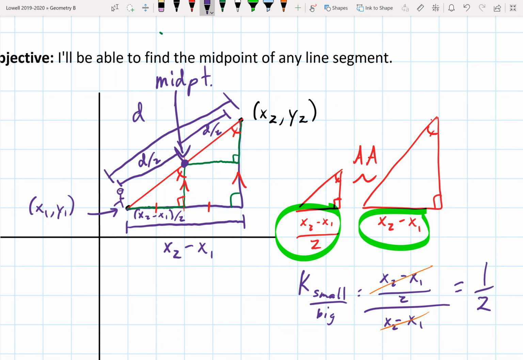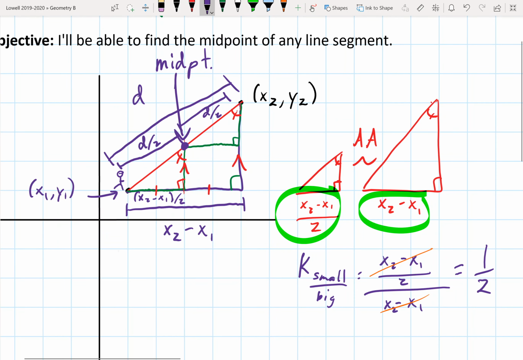Well, starting from the x1, y1 point, you simply go over in the x direction this much, highlighted in green. And likewise, you're going to move up the y distance. How much?